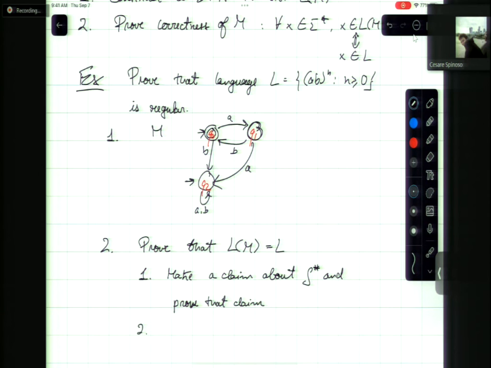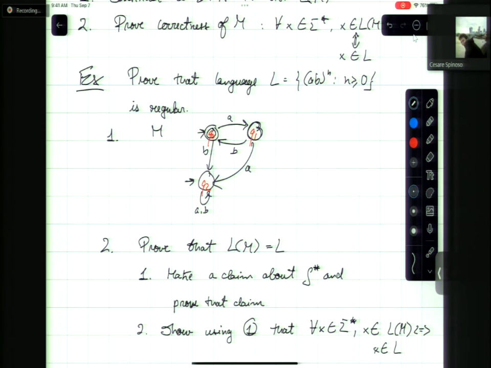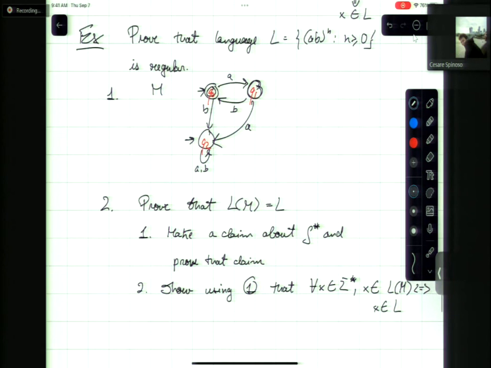And the second thing you need to do is show, using the first step, that for any string x in sigma star, x is in L(M) if and only if x is in L. Okay? So that's how you need to do that. Of course, it's very normal that you don't know what either of these two statements means. I have to show you an example.